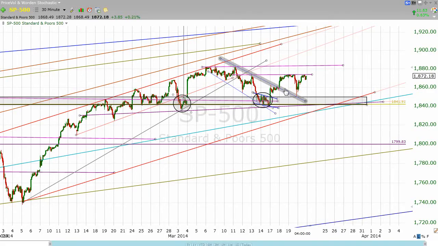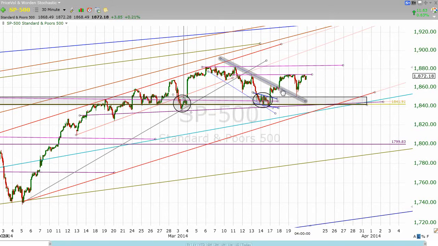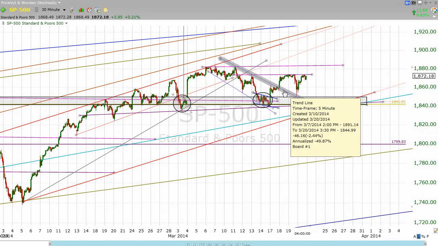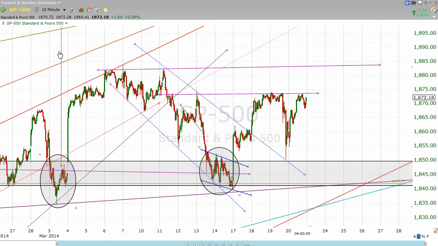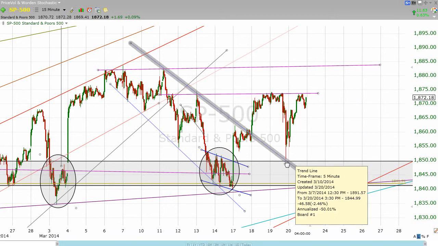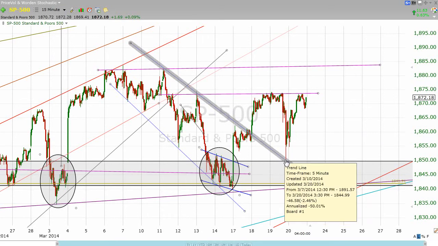It looks like yesterday we did get a back test on this broken resistance line. We can zoom in on that a little closer, and these tops don't line up perfectly, but that's very close to a nice back test at that broken resistance line.